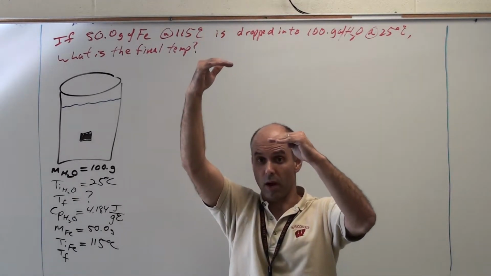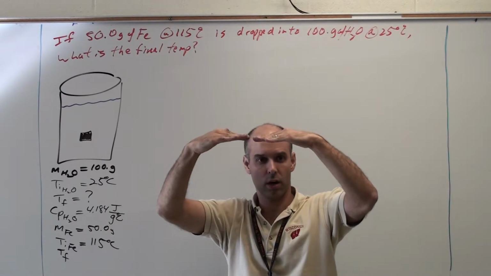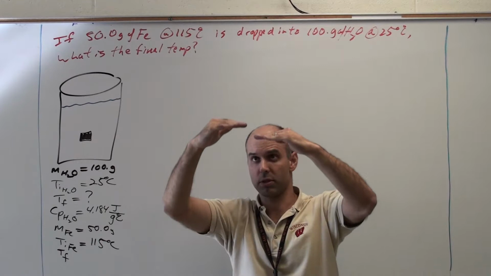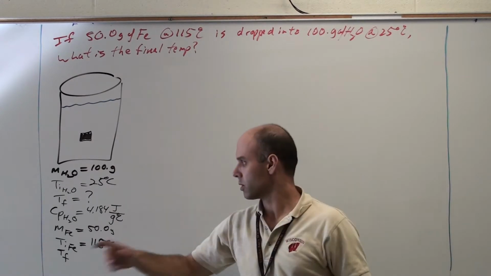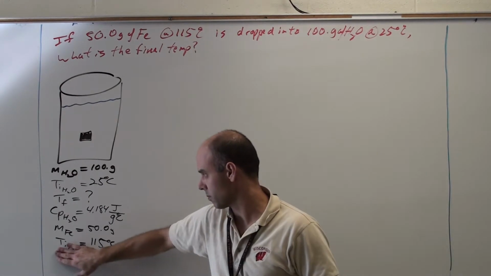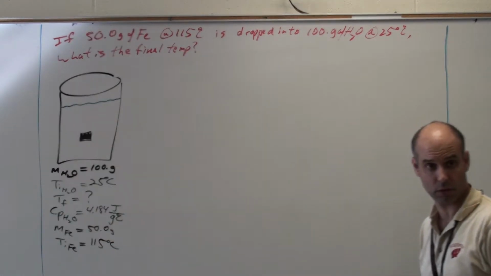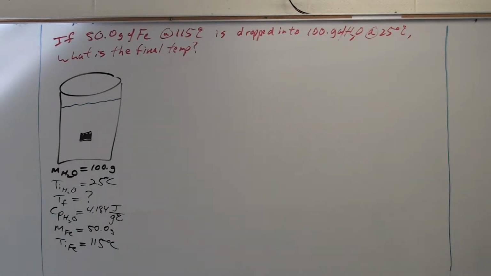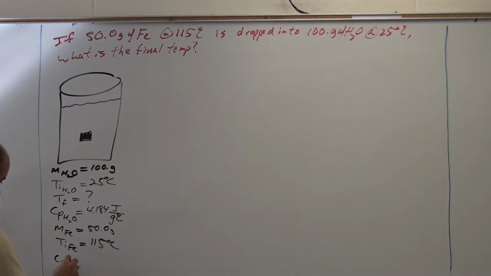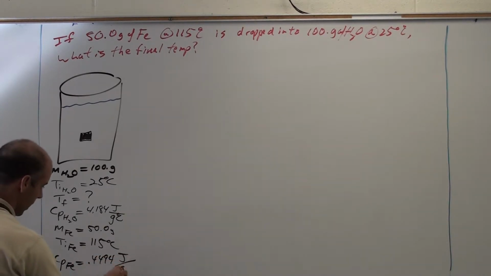It's going to go down until they are equal. So the temperature of the water goes up, the temperature of the iron comes down until boom, they're the same. So the final temperature of the water is the same as the final temperature of the iron. So there's only one final temperature. And the specific heat of iron we can get from our book, 0.4494 joules per gram degrees Celsius.